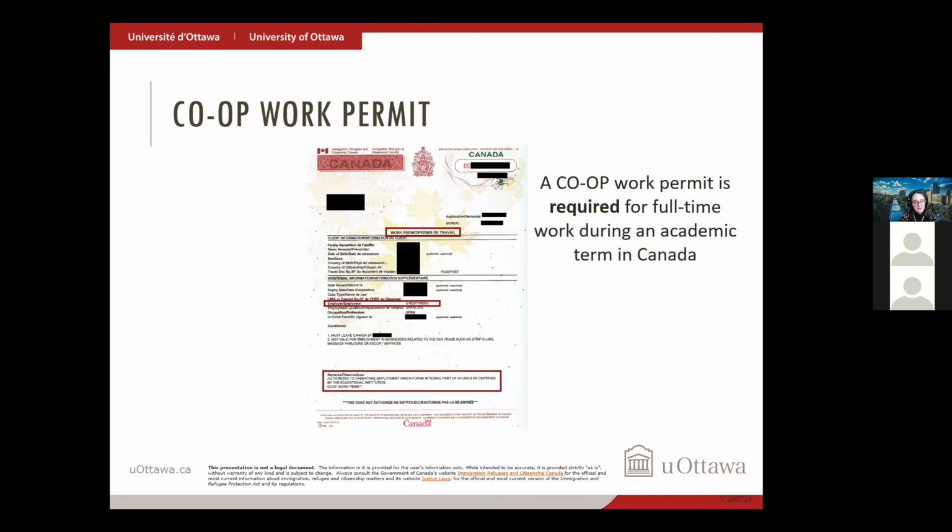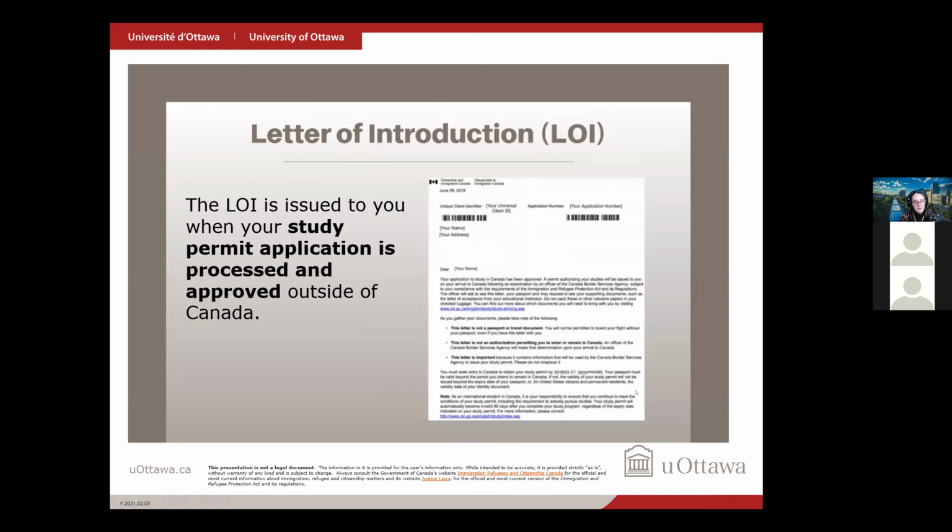You can apply for it at the same time as your study permit if it's mentioned on your offer of admission. I'll go into that a little bit more later. Basically, this allows students to work full-time during their studies for that mandatory work component. So that is the co-op work permit.